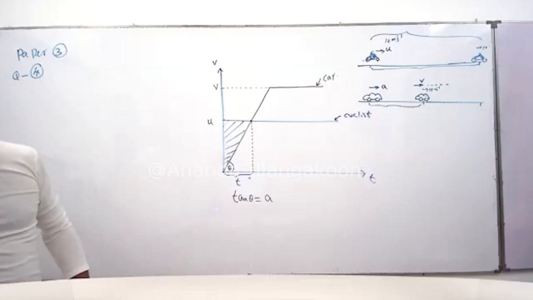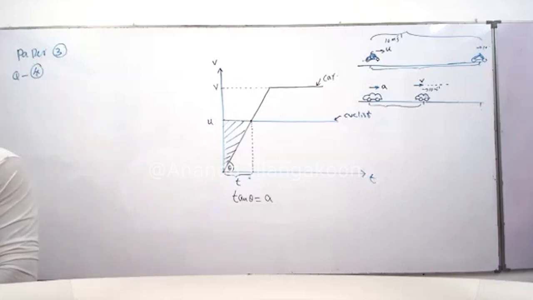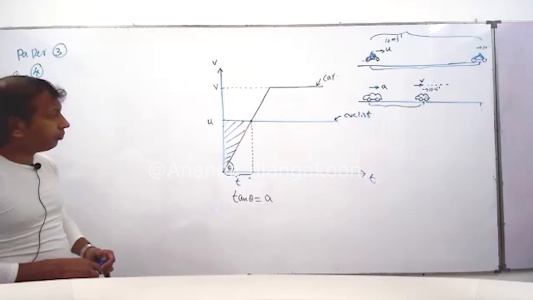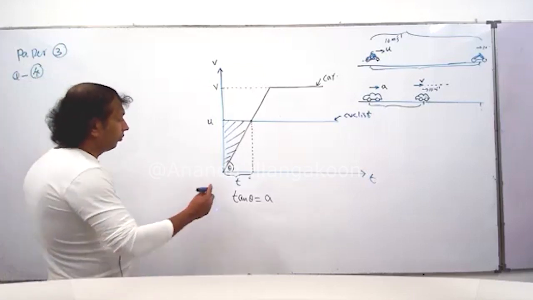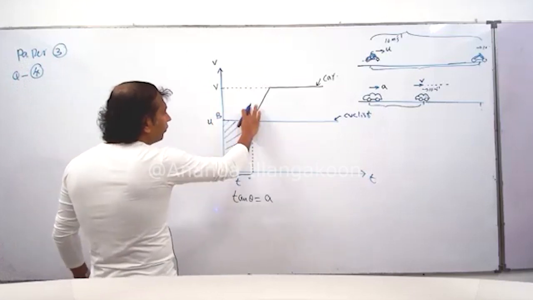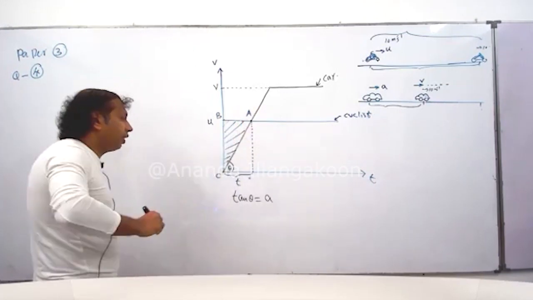Therefore, the maximum distance is given by the shaded area OAB.